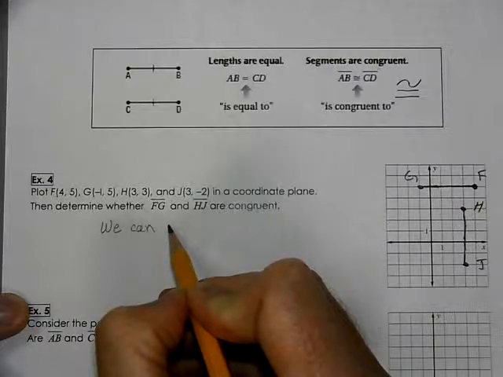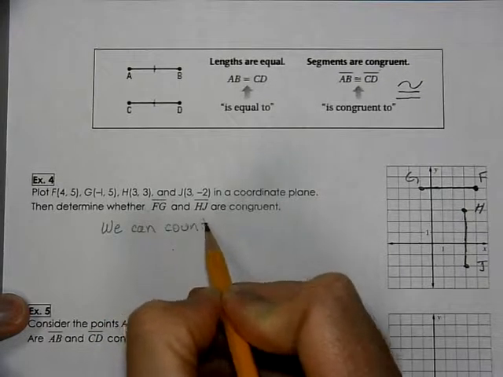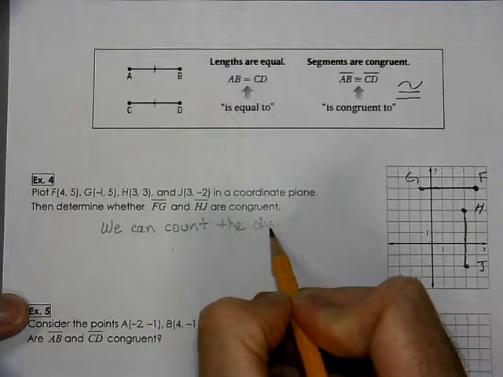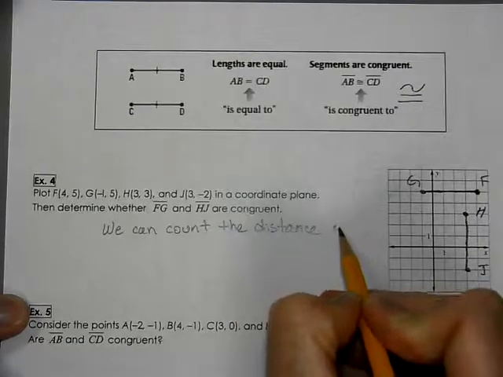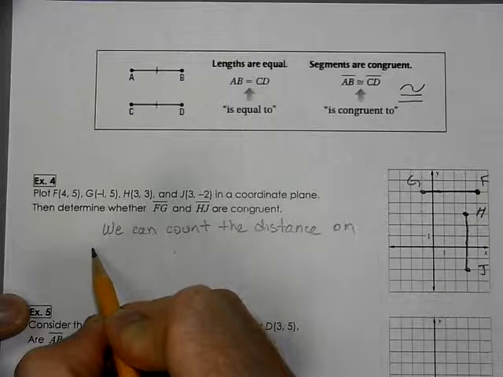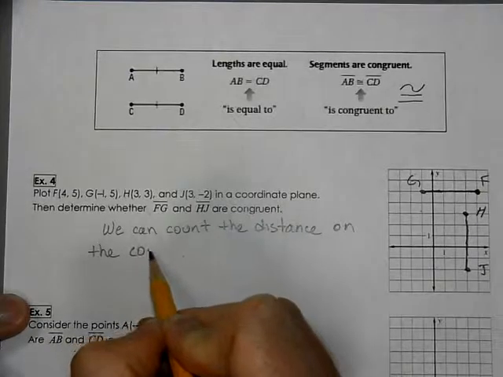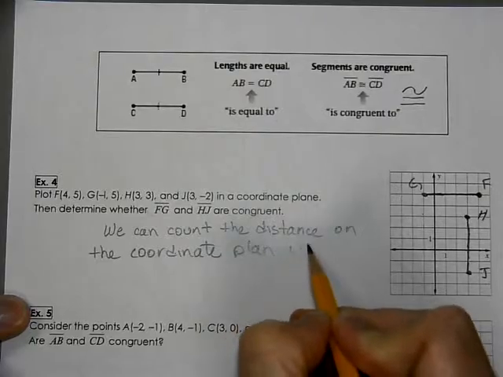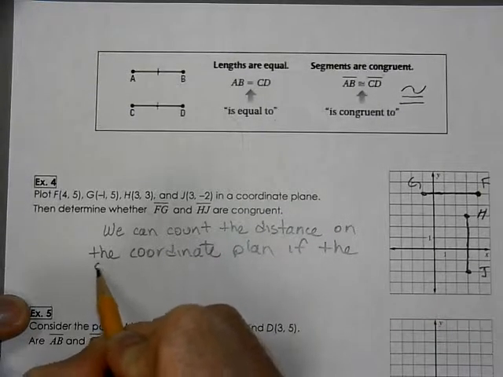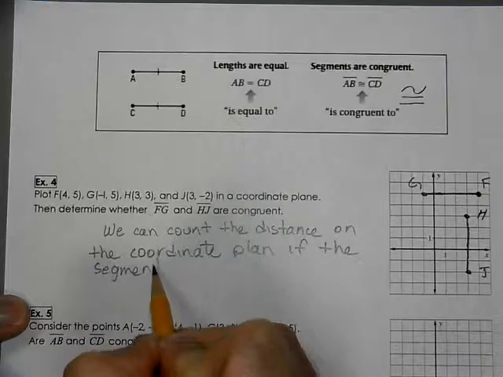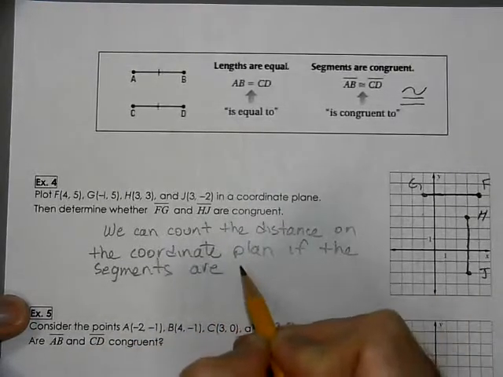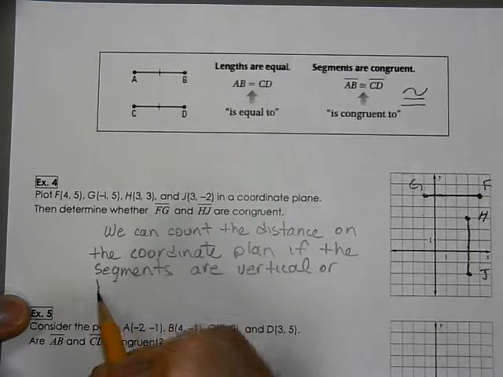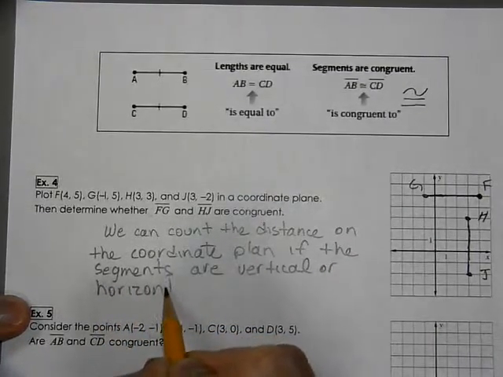We can count the distance on the coordinate plane if the segments are vertical or horizontal.